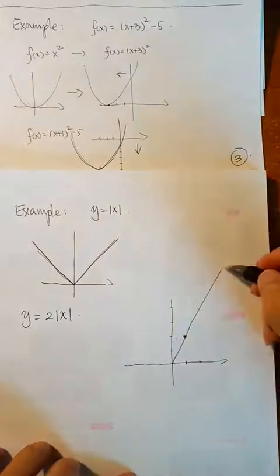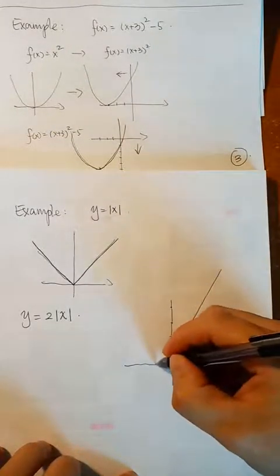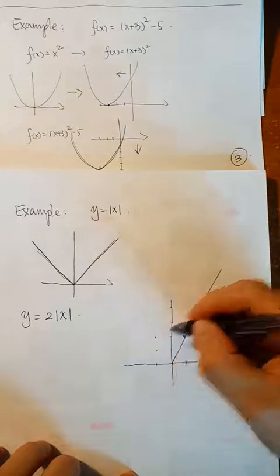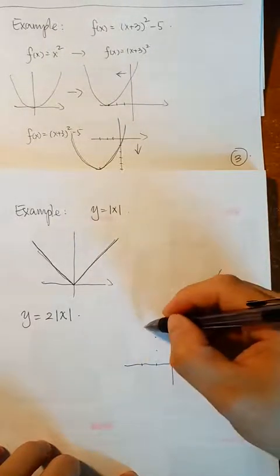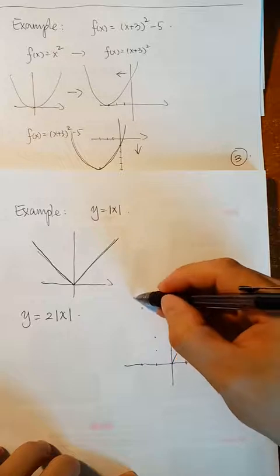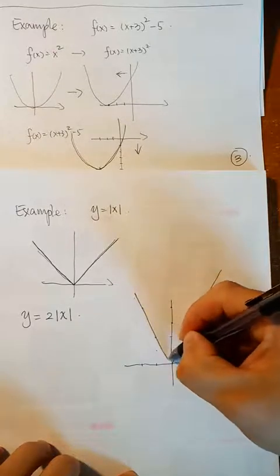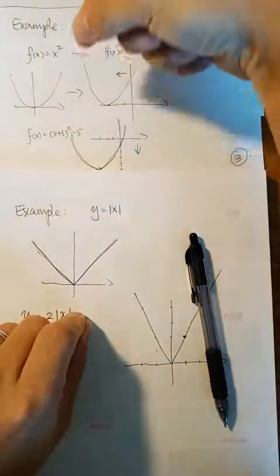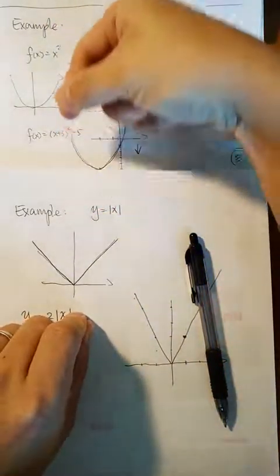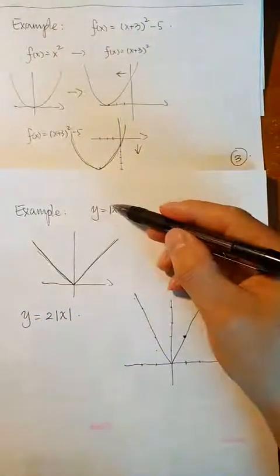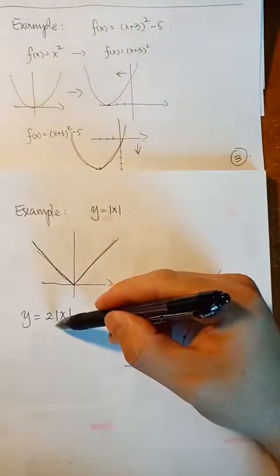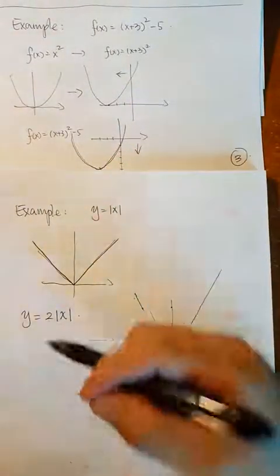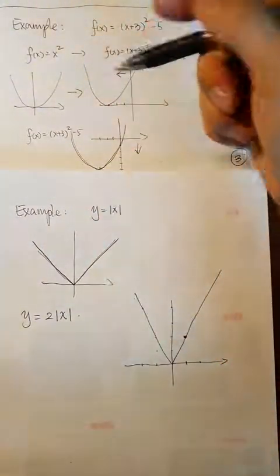So that's the right part. And the left part is similar. When I have -1, absolute value of -1 is 1, but times 2 is 2. When I have -2, absolute value of -2 is 2, but times 2 is 4. So you stretch the whole graph along the y direction. So it's a vertical stretch. If you multiply the function by a coefficient greater than 1, it's a vertical stretch.